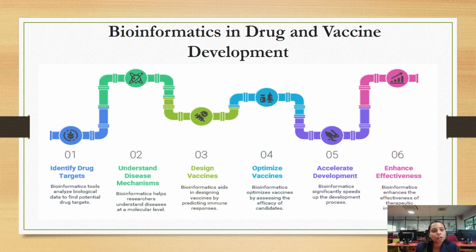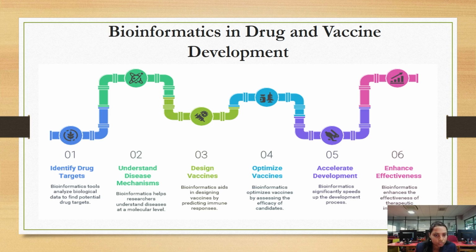Next, bioinformatics in drug designing and vaccine development. Before drug designing or any vaccine development, we need core knowledge of everything linked with bioinformatics, such as computational technologies and development of programs. When we go with drug and vaccine development, first we identify the drug targets. Based on the potentiality of the drug target, we use different bioinformatics tools.